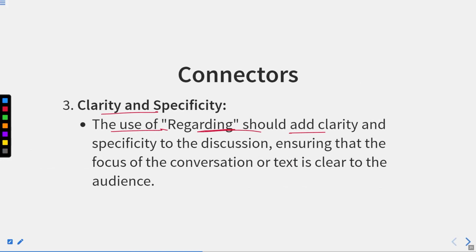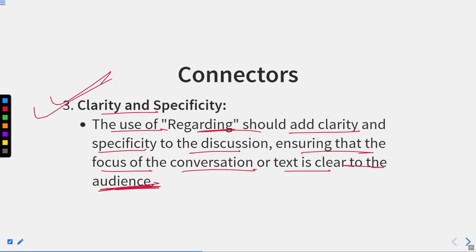The use of regarding should add clarity and specificity to the discussion. It means the discussion is about this, ensuring that the focus of the conversation or text is clear to the audience. Now, this one is very, very important, and it plays a vital role.